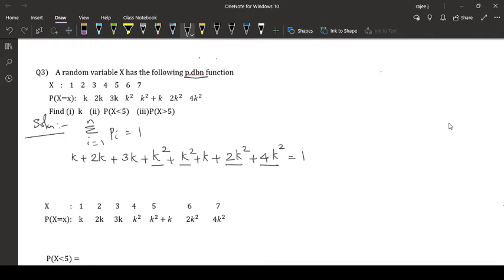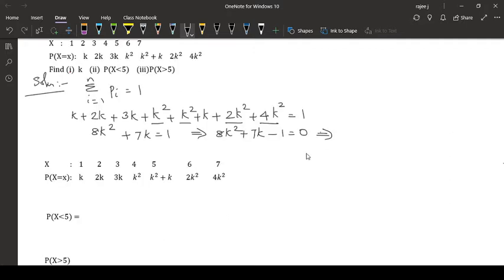So 4 plus 2 is 6, plus 2 is 8k square. Then 3k plus 2k is 5k, 5 plus 1 is 6, 6 plus 1 is 7. Okay, that is 7k. So 8k square plus 7k minus 1 equal to 0.